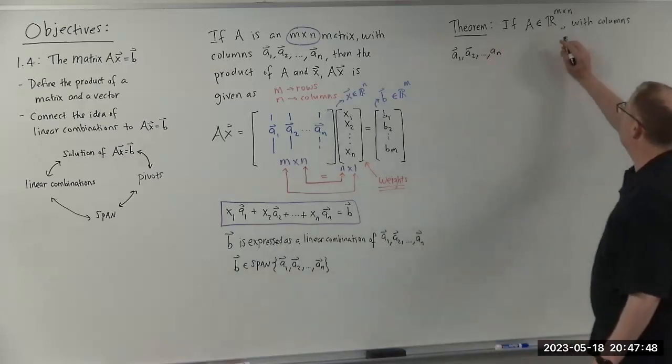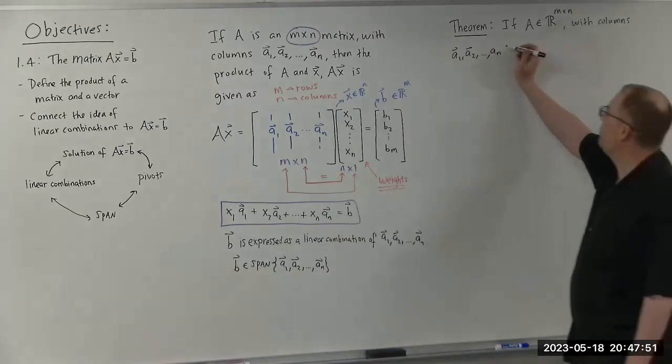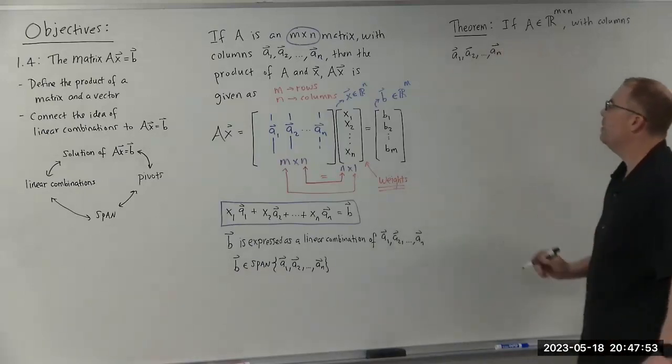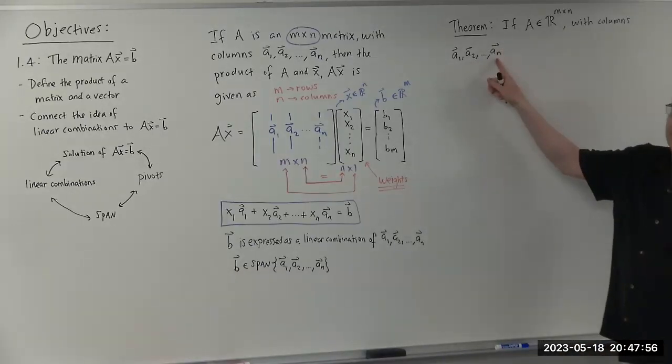Because we're assuming our matrix has n columns, we're going up to A sub n, n columns.